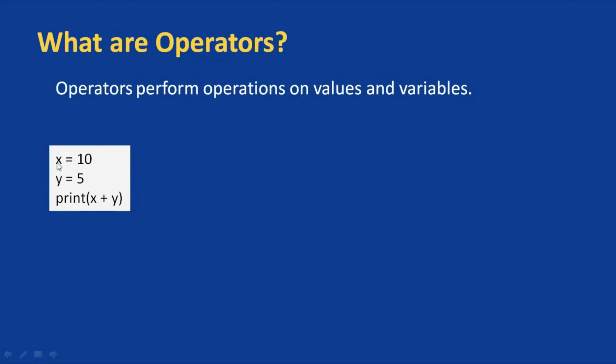We put the operator in between these two operands. These x and y are called operands, and the symbol we use to do the operation is called the operator. Here we have used the plus symbol, so this operator is called the arithmetic operator.